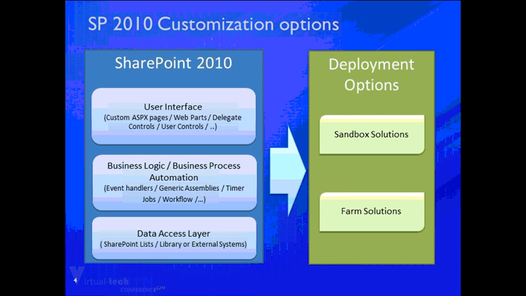In the UI, we had the chance to customize web parts, develop visual web parts or non-visual web parts, delegate controls, and user controls. When it comes to business processes, we had the option of doing event handlers and BCS, a kind of business data model, and at the data layer as well, we had a lot more options.